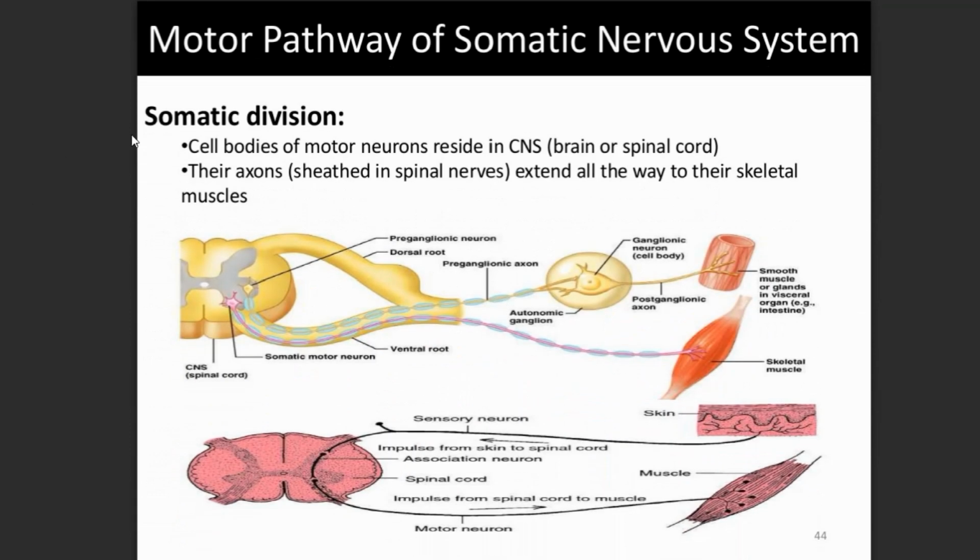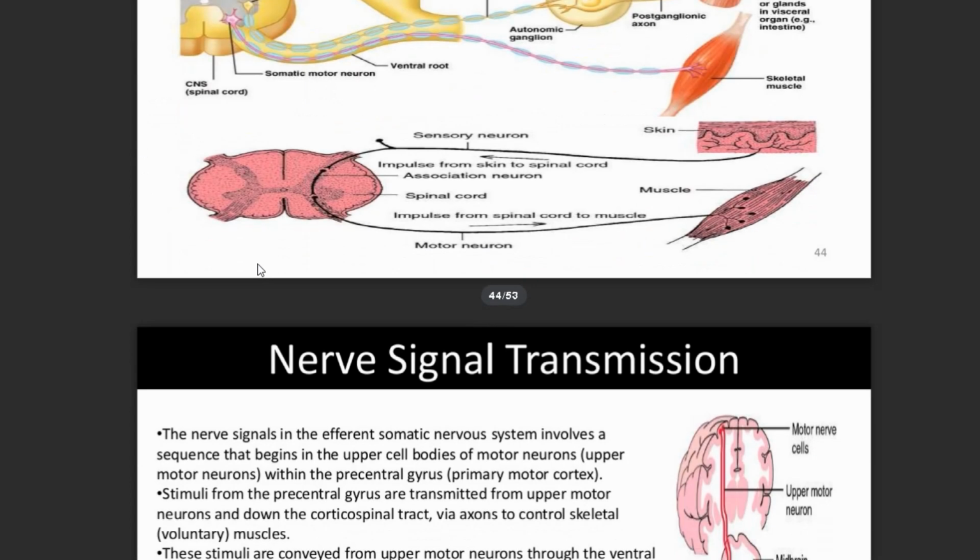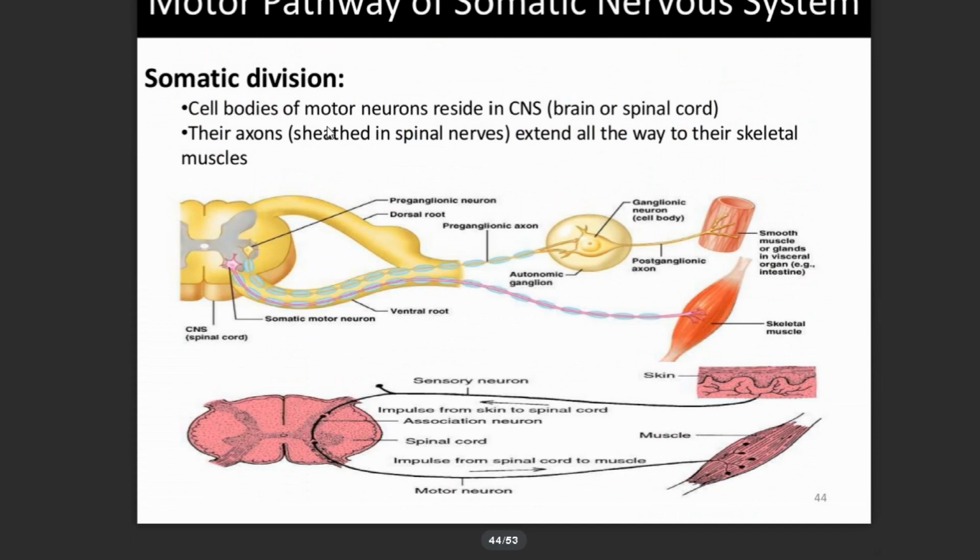Motor pathway of the somatic nervous system. Somatic division: the cell bodies of motor neurons, like this one, reside in the CNS, whether in the brain or spinal cord.